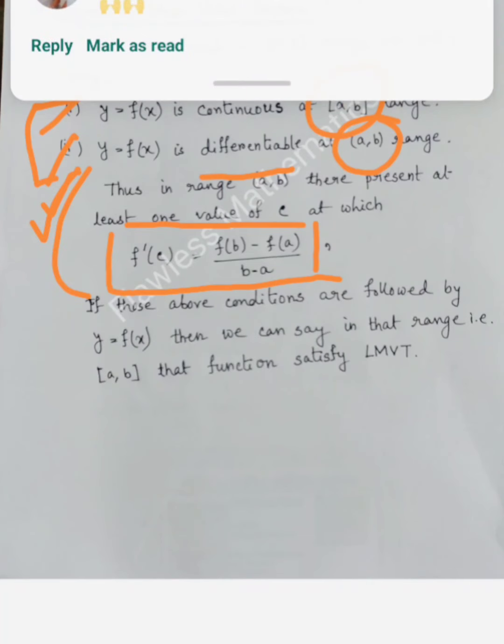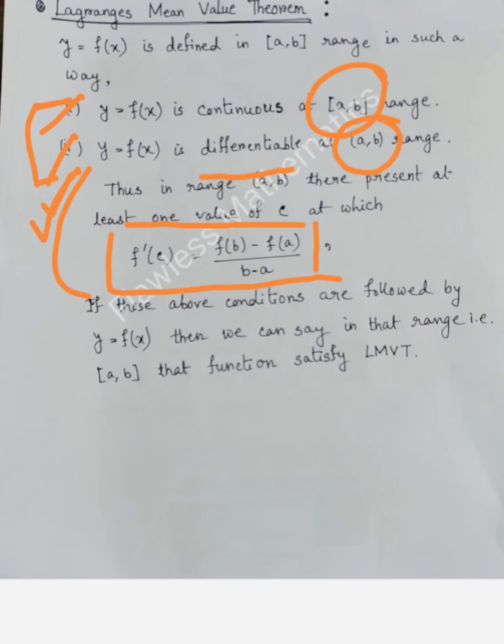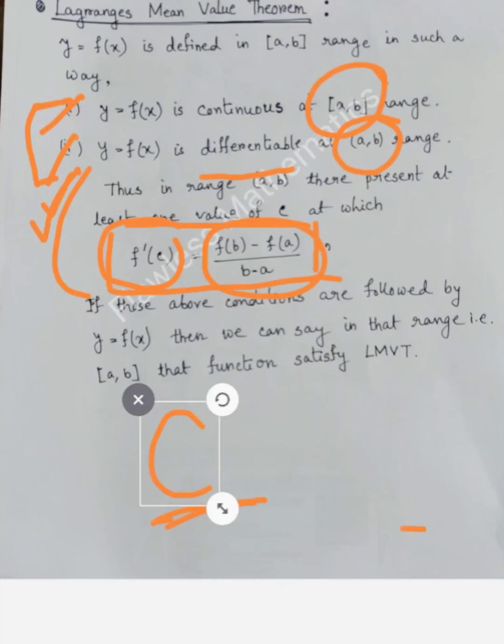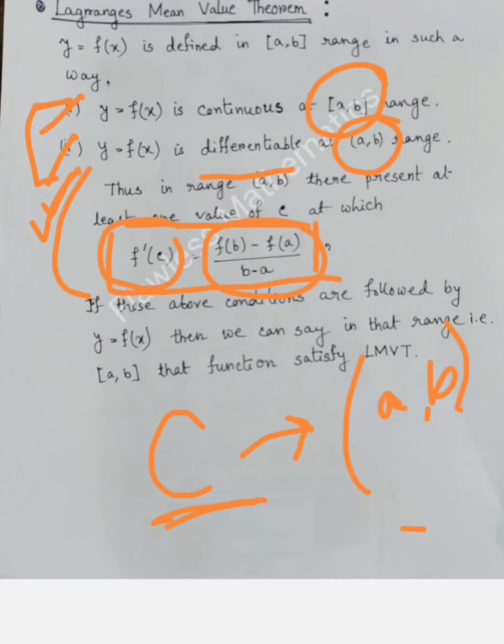Then we equate that right-hand side to the left-hand side, f dash c, and find c, the constant. If c belongs to the range a comma b, then we say the function in that range satisfies LMVT.